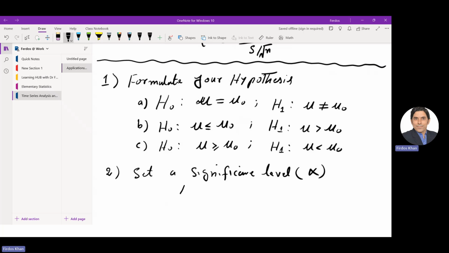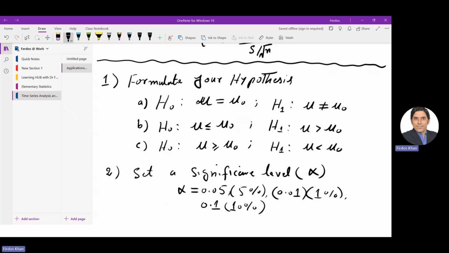You can decide about alpha depending on the research objective, but this can be 0.05, which means 5% level of significance, or 0.01, which means 1% level of significance, or 0.1, which means 10% level of significance.